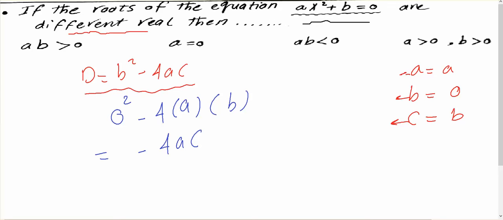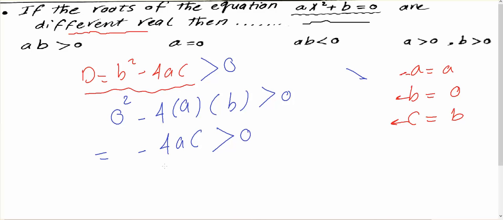But here we say that the roots are different reals. If the roots are different reals, that means that the discriminant is greater than 0. Here, negative 4ac greater than 0.